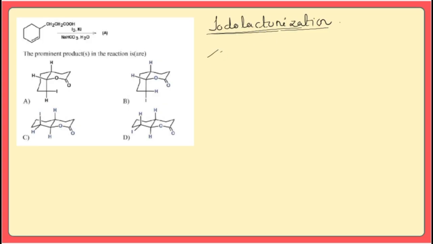First, what is iodo-lactonization? Whenever you have an unsaturated carboxylic acid like this, say this is the carboxylic acid, this is alpha, beta, gamma, and delta. So a gamma-delta unsaturated carboxylic acid, right?